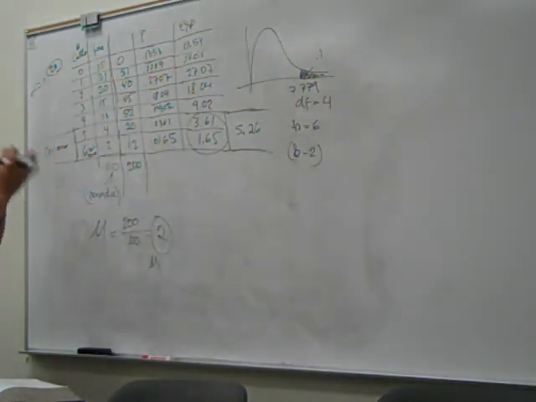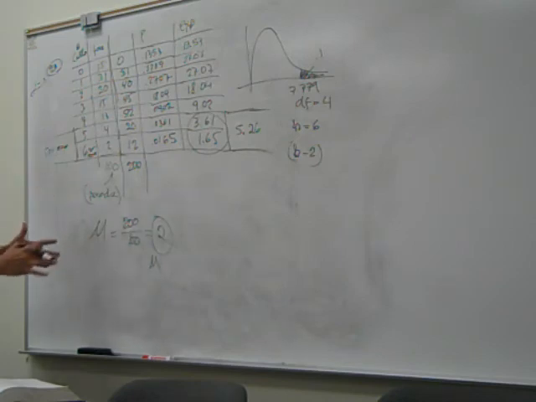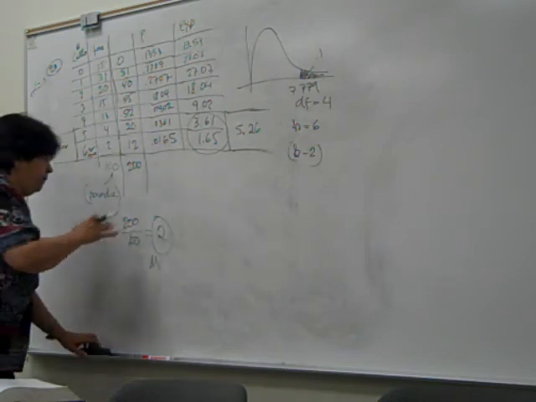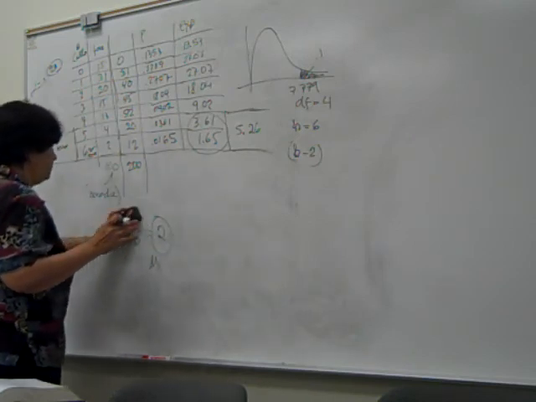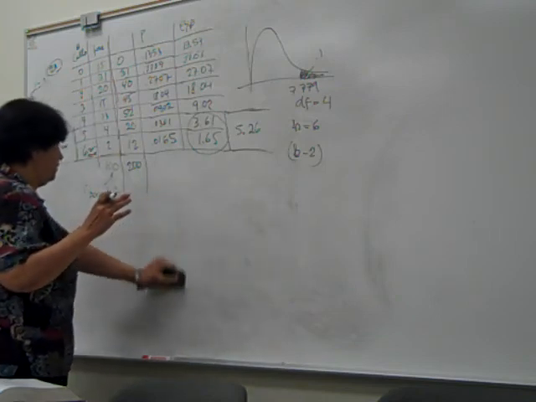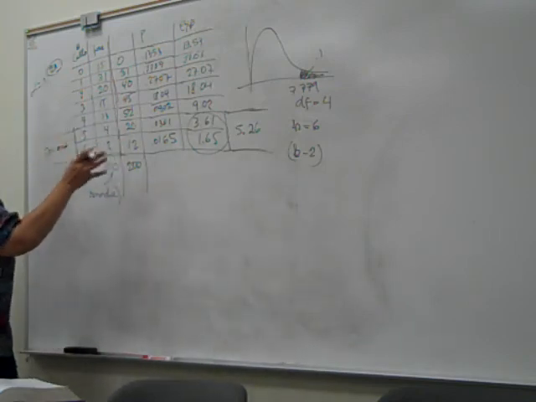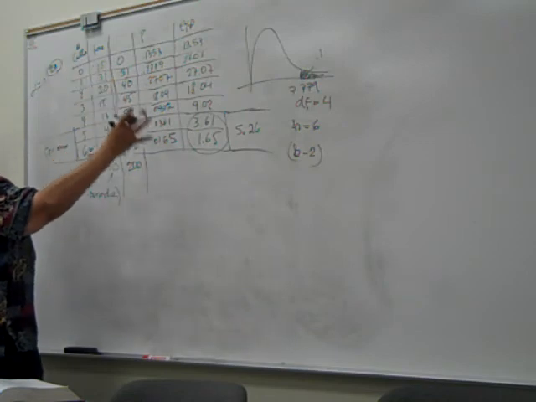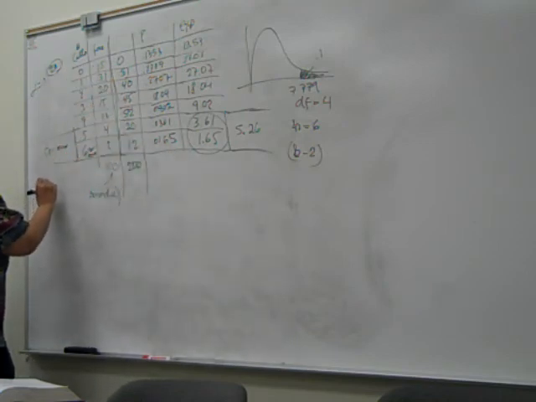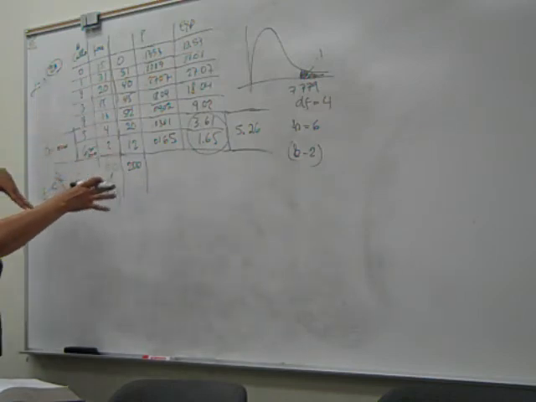Okay? Now, the test that we're going to do. The null hypothesis says it fits this Poisson distribution with mu equal to 2, and the alternative hypothesis says that this data does not fit this distribution. So what we're going to do is exactly the same: frequency minus expected, squared, divided by expected, and add them all.